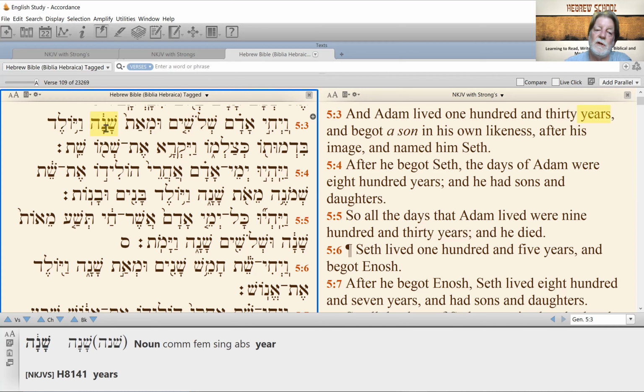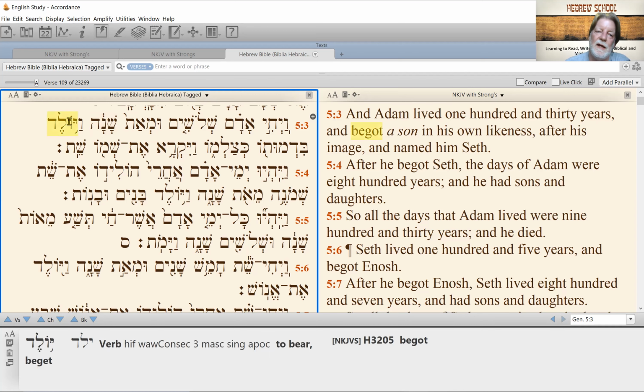So when you see shloshim uma'at shana, you would not translate that with 130 year. You would translate it with 130 years. The context dictates that. So even the number of nouns doesn't necessarily tell you whether it's singular or plural.